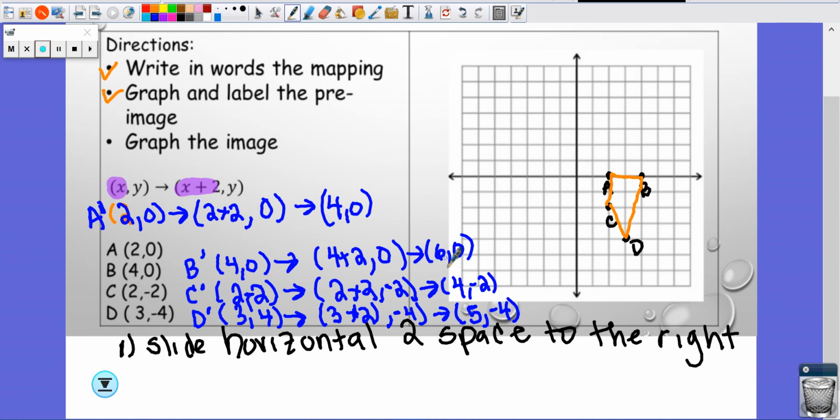Okay, so now I'm going to go graph my images, and I'm going to put them in light blue. So 6, 0, so 1, 2, 3, 4, 5, 6. That's A prime. And then the next one was 4, 0, 2, 3, 4. And then negative 2. So that is B prime.